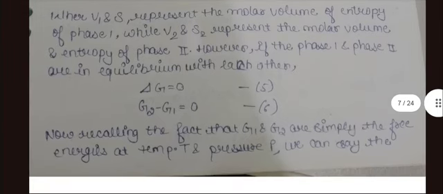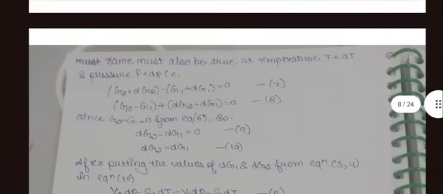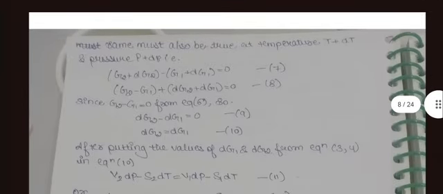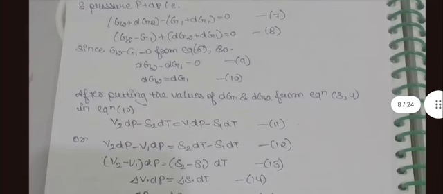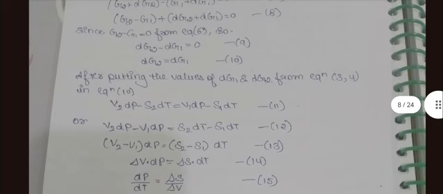If phase 1 and phase 2 are in equilibrium with each other, delta G equals 0, that is, G2 minus G1 equals 0. Recalling that G1 and G2 are the free energies at temperature T and pressure P, the same must also be true at temperature T plus dT and pressure P plus dP, that is, G2 plus dG2 minus G1 minus dG1 equals 0, so G2 minus G1 plus dG2 minus dG1 equals 0.